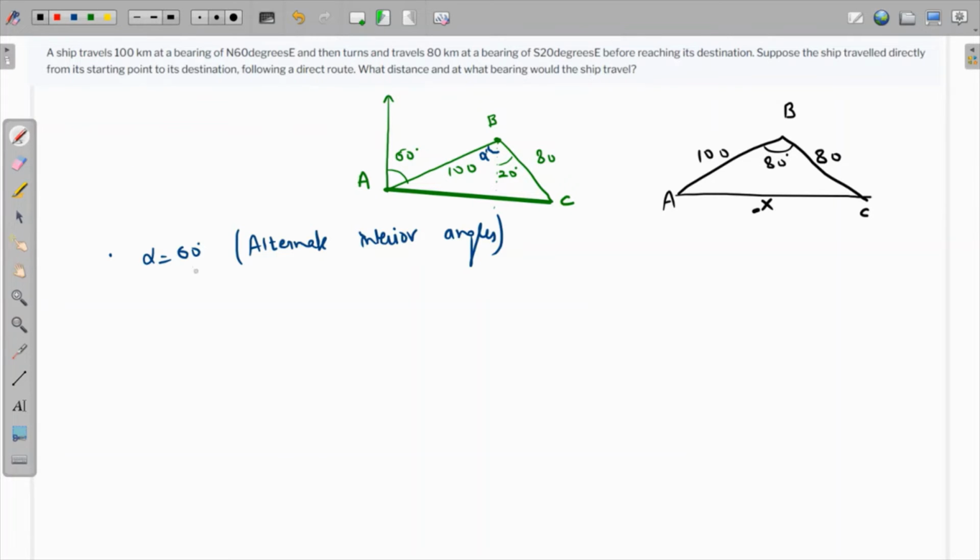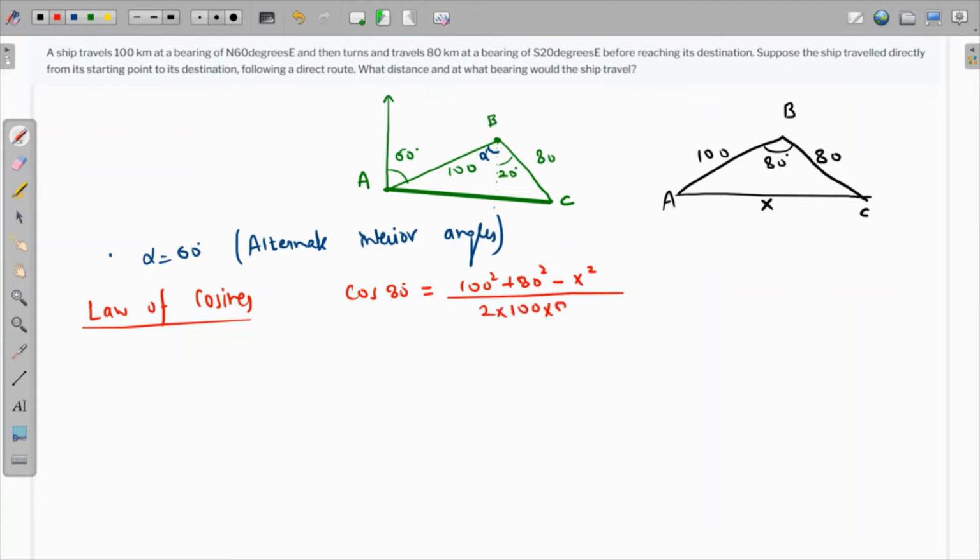So if we apply the law of cosines, cos of 80 degrees is going to be the sum of the squares of the adjacent sides, so 100 squared plus 80 squared minus the opposite side squared, x squared, over 2 times 100 times 80.